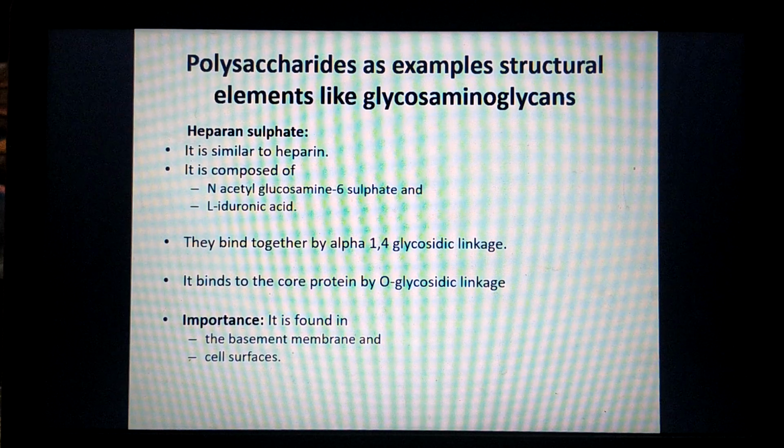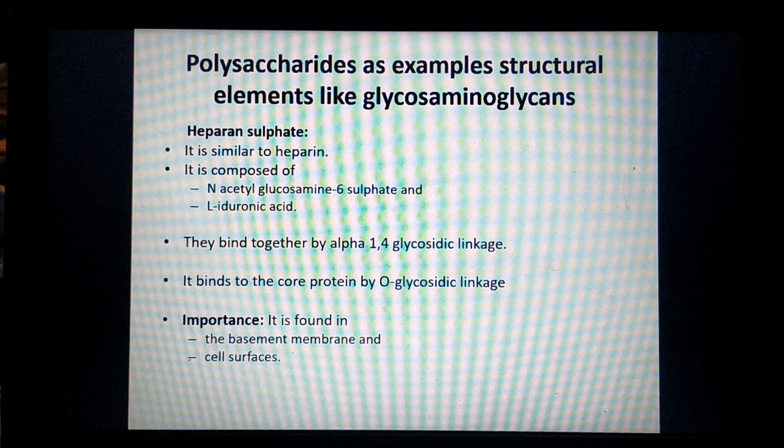Heparan sulfate is similar to heparin. It is composed of N-acetyl glucosamine 6 sulfate and L-iduronic acid. They are also bound by alpha 1,4 glycosidic linkage. This heparan sulfate also binds with core protein with the help of O-glycosidic linkage.